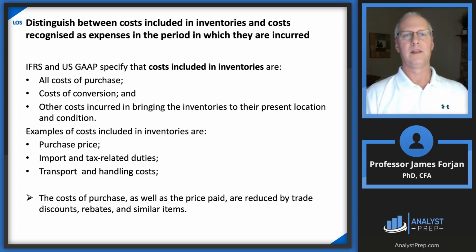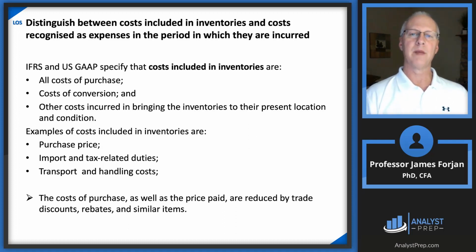Well, clearly things like the cost of the handlebars, the metal, maybe the rubber, clearly those things should be included, even the wages of the production workers. And so some good examples are purchase price and maybe import and tax-related duties. That's a big thing here in the United States these days. Transport and handling costs.